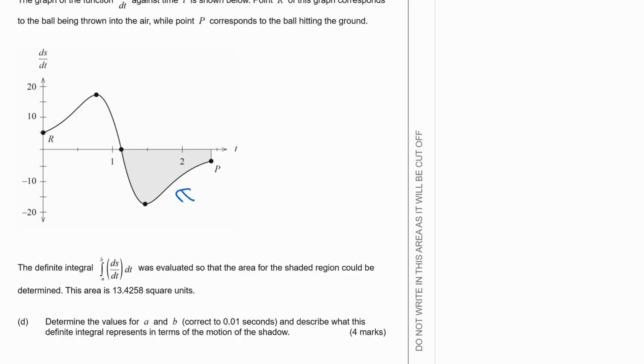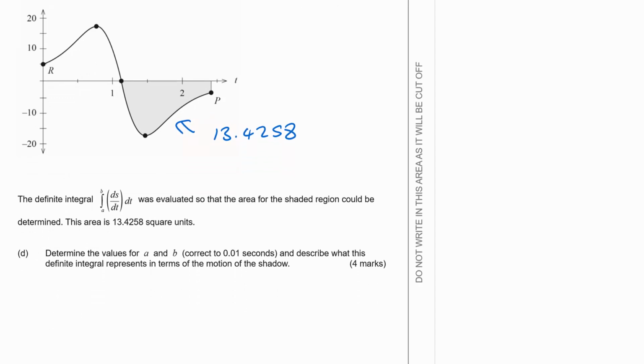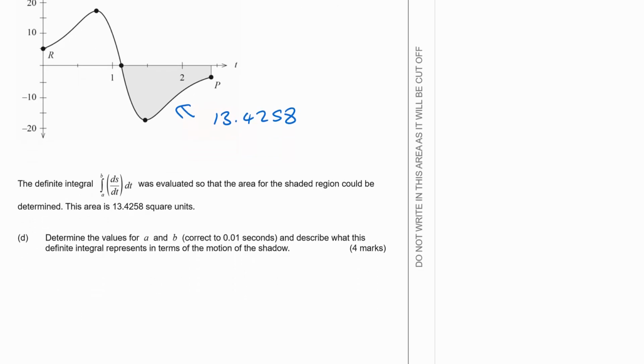The area given here is 13.4258 square units. Determine the values of A and B and describe what this definite integral represents in terms of the motion of the shadow.